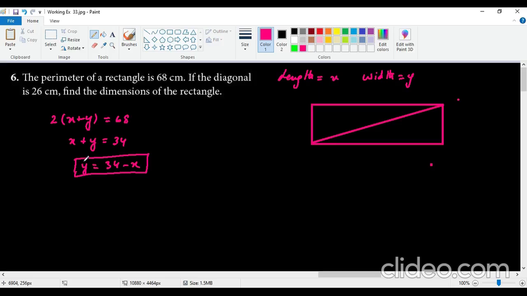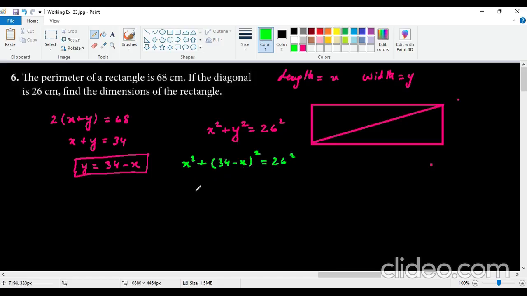Now comes the second part, in which it says that this length and this length, and we are talking about this one. So we use the Pythagoras theorem. Using the Pythagoras theorem, x square plus y square equals 26 square. So in here, if we substitute the value of y, this is going to give us x square plus (34 minus x) square equals 26 square.